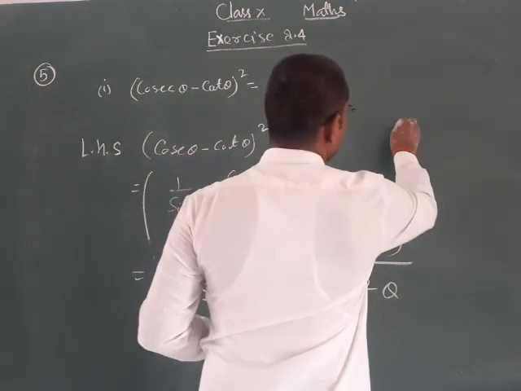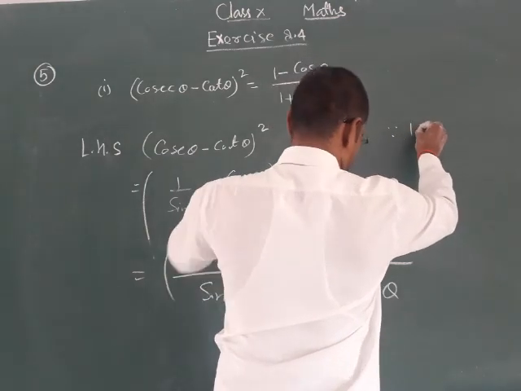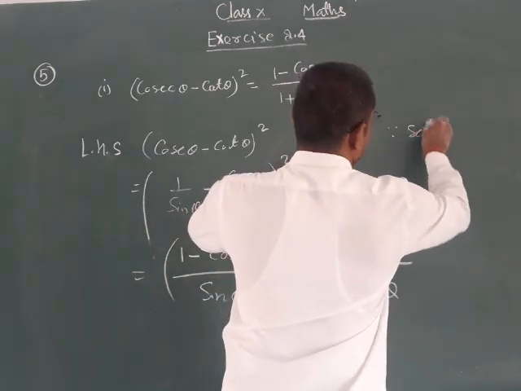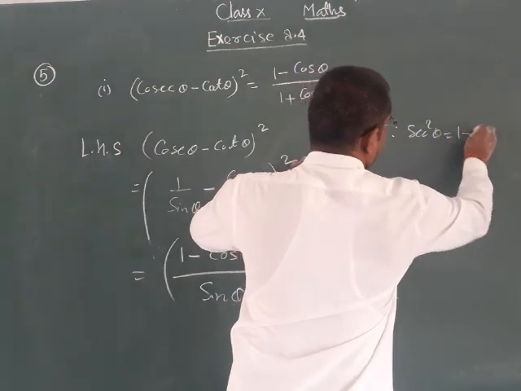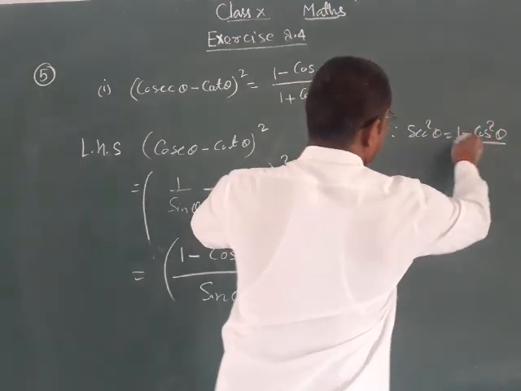Since sin square theta is equal to 1 minus cos square theta, this is an identity.